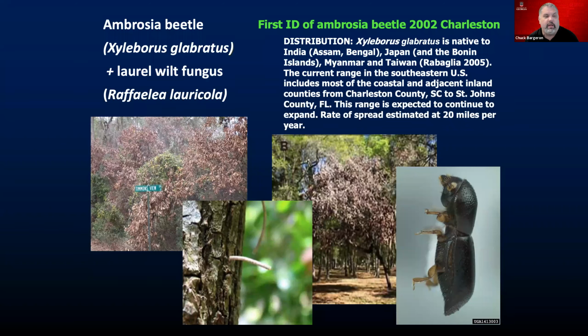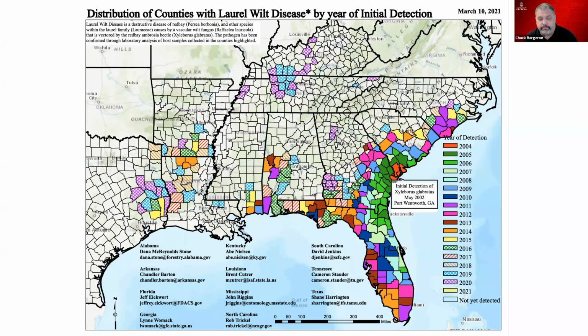Another one that I want to mention is laurel wilt, and laurel wilt is a disease that is spread by an ambrosia beetle. And this was something that showed up along the coast of Georgia in 2002, and has quickly spread throughout the Southeast, all the way to Texas, and all the way to South Florida.